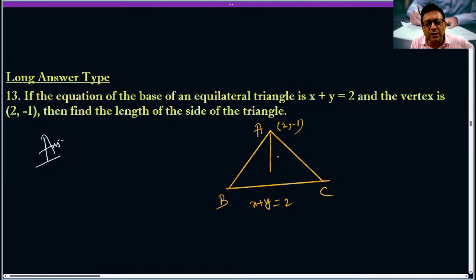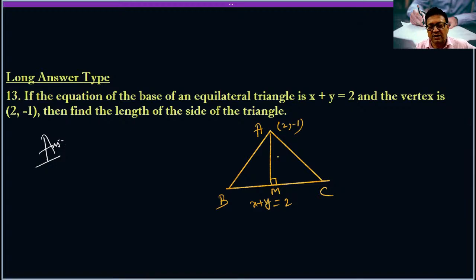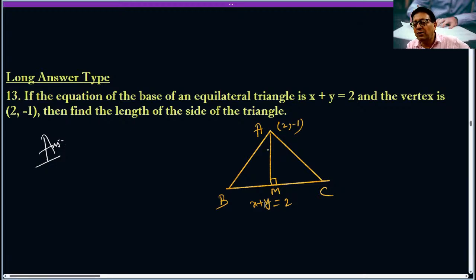They have asked you to find the length of side. This is very demoralizing. We are studying class 11 maths and a class 9 question is being asked. But we have to do it, and I know most of you will not be able to do it.